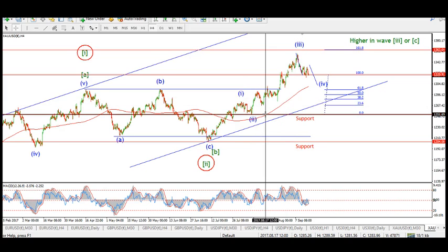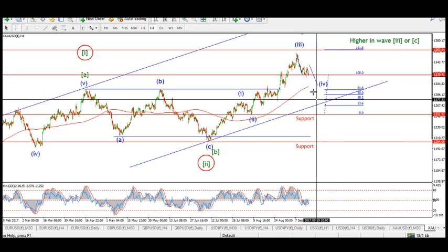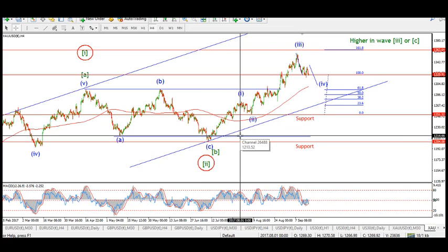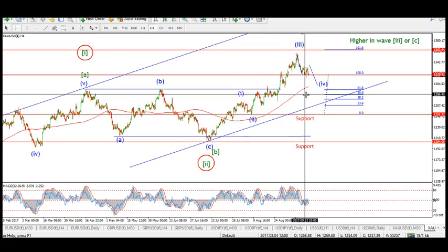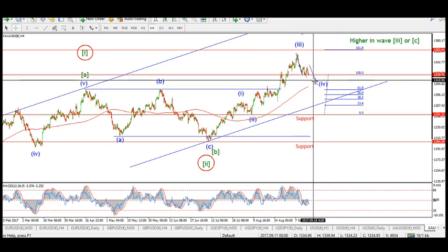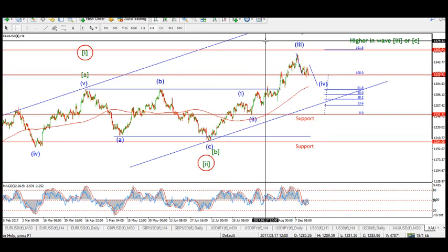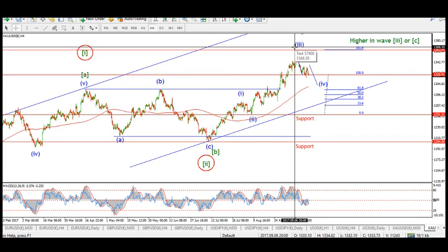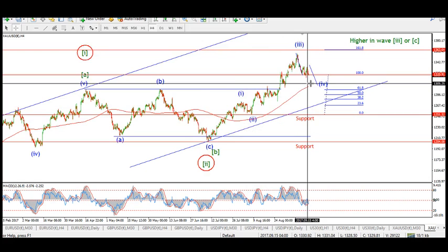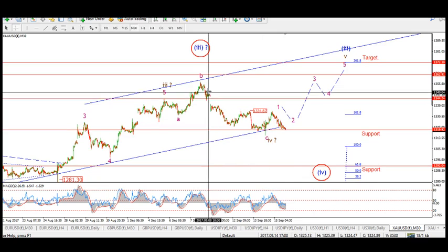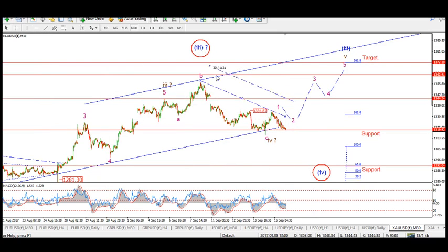We've had correction after correction after correction, which does lead me to suspect that we might be building another higher low in a possible wave 4, but I might be talking about a different scenario here, a successive 1-2 pattern off the low here. So it's something to watch out for in the next couple of days, is how this possible decline breaks down.